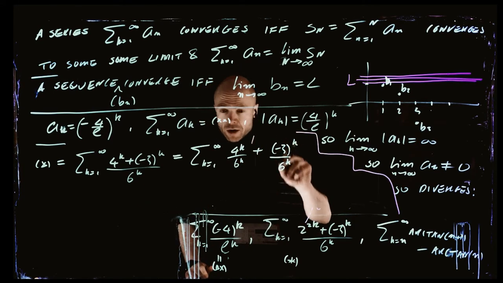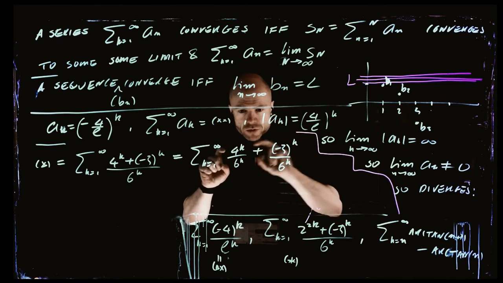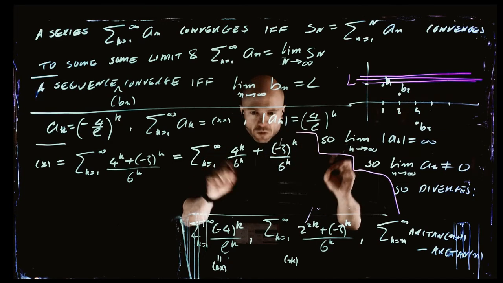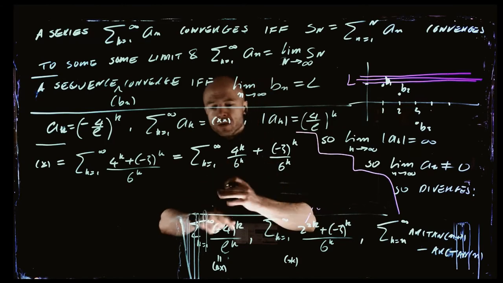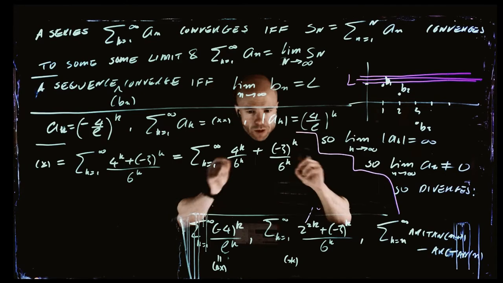This is just minus a half to the k, another geometric series. So what we're doing here is summing the terms of two series, both of which converge. And what are we allowed to do when we're summing the terms of two series, both of which converge?